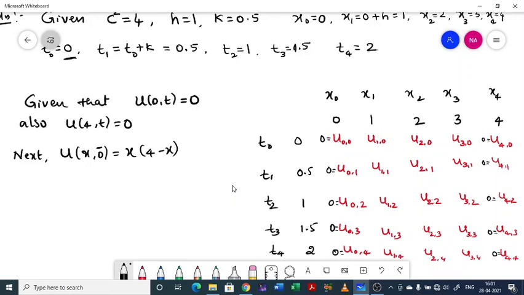Now you can give x any values to find the corresponding values of u. If you give x equal to 1, u of 1 comma 0 is 1 into 4 minus 1, so 1 into 3, so this will be 3. And u of 2 comma 0 is 2 into 2, which is 4.